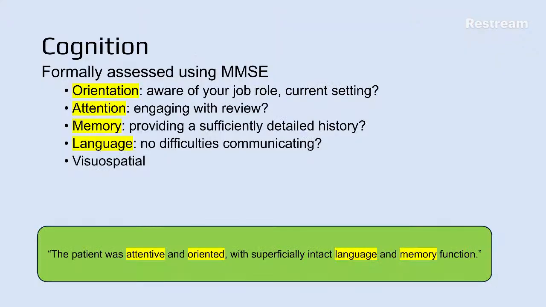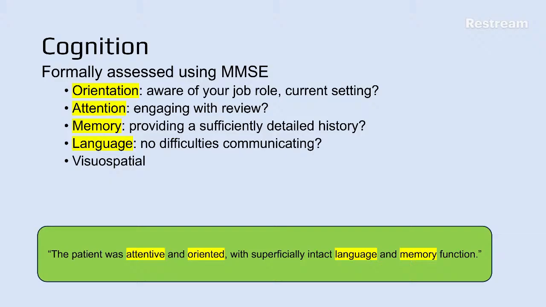Fine, let's move back to the MSE, talking about cognition now, right? Usually, cognition can be assessed by things like the MMSE, right? But I don't think you're going to be expected to perform the entire MMSE during your OSCEs. What we can do is look at the MMSE and see what components of it we can realistically do.